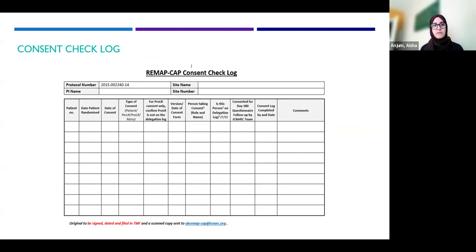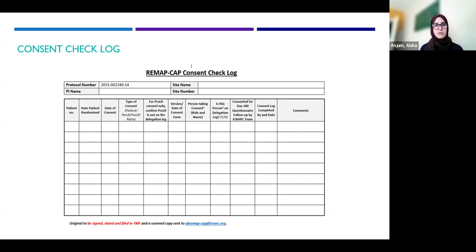Some of you may have seen the consent check log, which we send out periodically to sites, or we've had to do it for various data exercises that we've required for trial management, just to check on consents for sites that we haven't monitored for a while, or when doing remote monitoring. Also, following the MHRA inspection that we had last year, we sent this log to all sites to complete at the time.